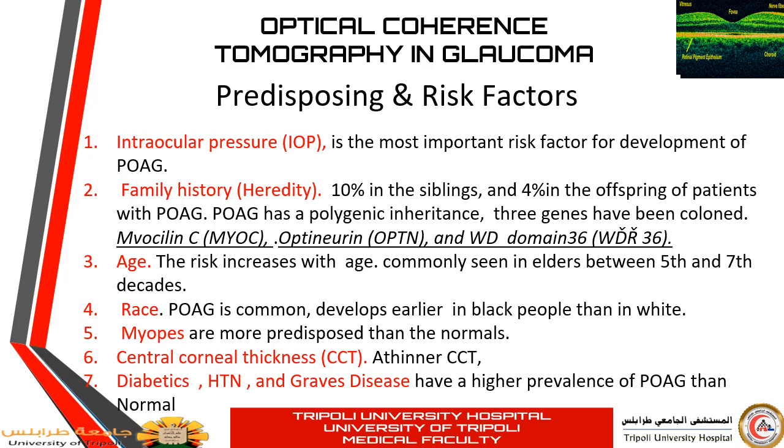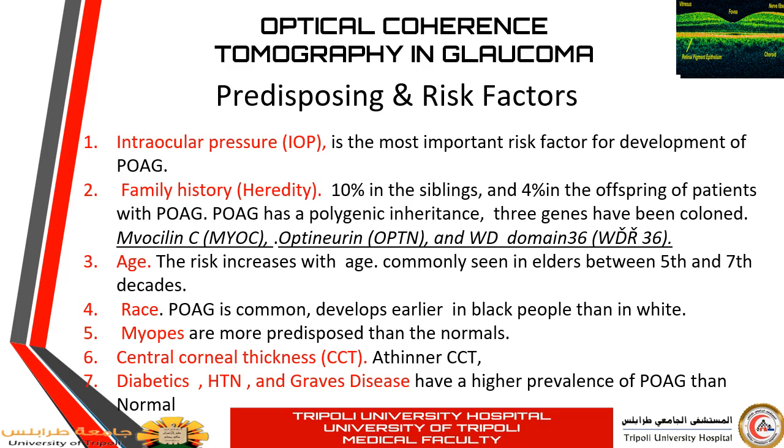Among the many genetic studies conducted, three main gene prototypes have been determined: the myocilin gene, the optineurin gene, and the WDR36 gene. These are the three main types of genes identified in association with glaucoma.